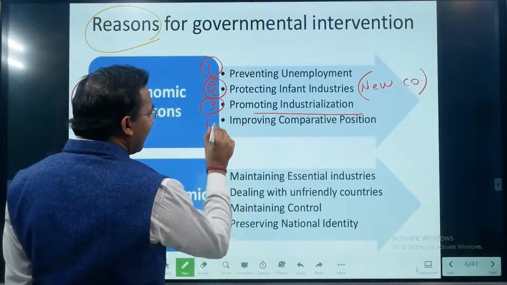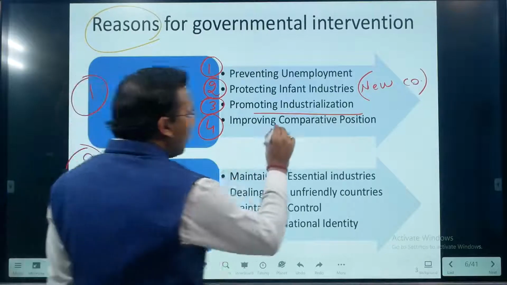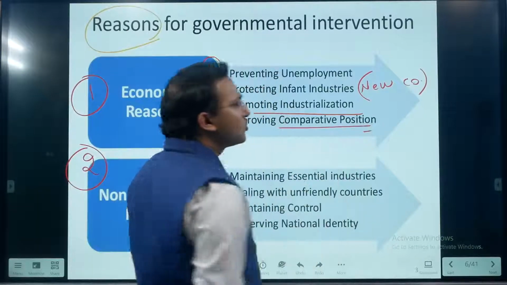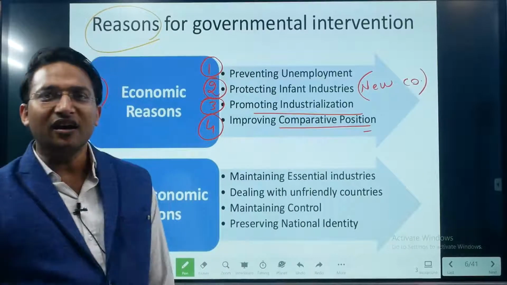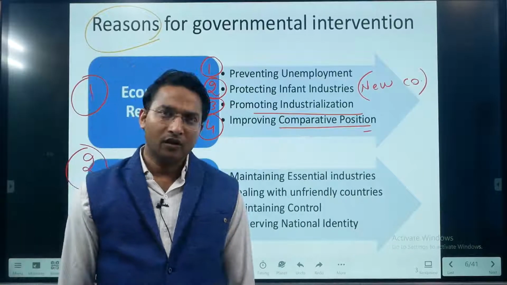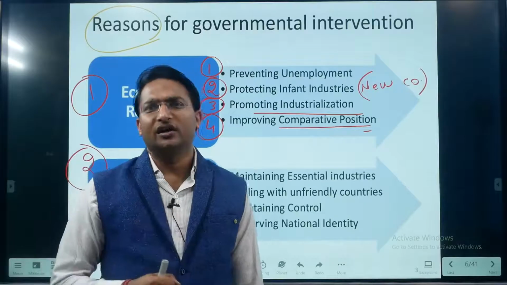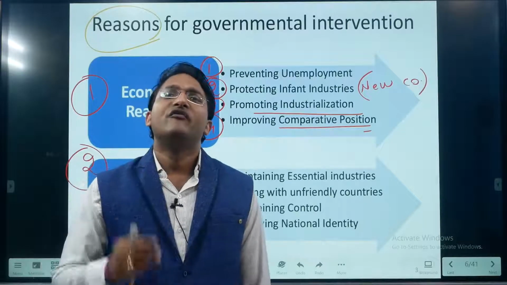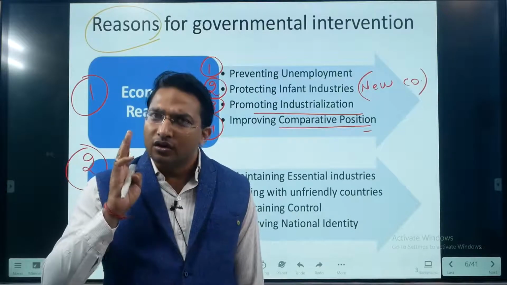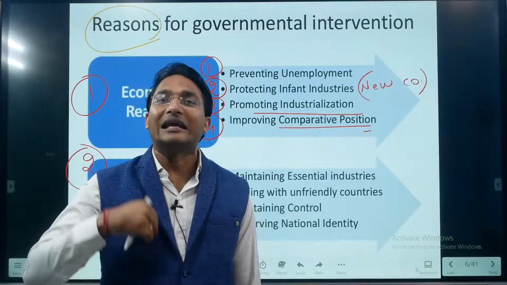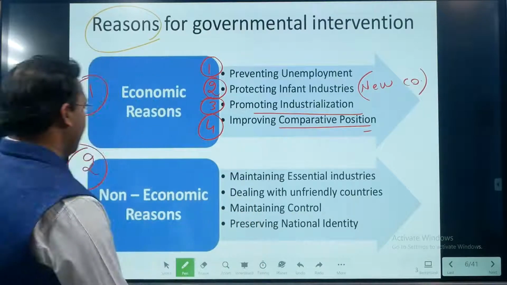Fourth, improving the comparative position. So every country wants to improve its share in the international trade. To protect our share in the international trade, we will try to reduce the import and increase the export.